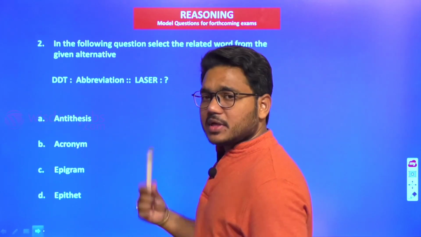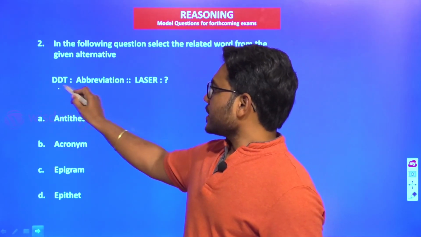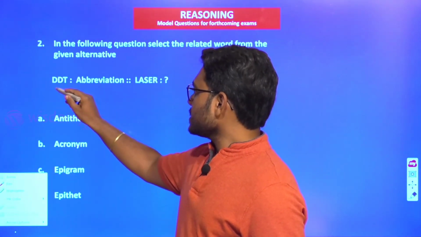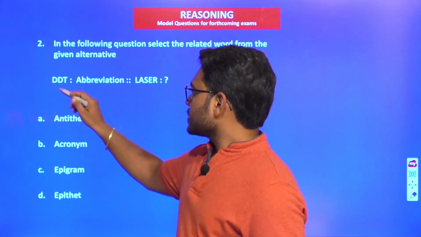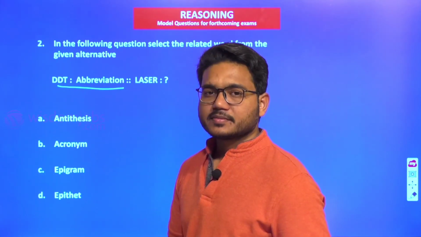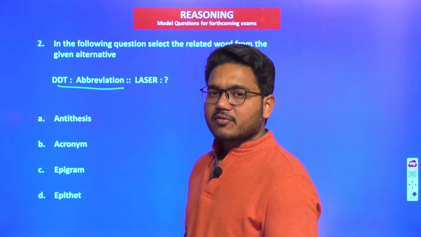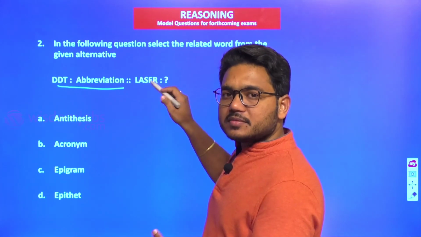Again another analogy question. So what is the relation here? Again this is a pair of words we need to check, and whatever relation is carried by this pair of words, we have to check the relation for the next set.